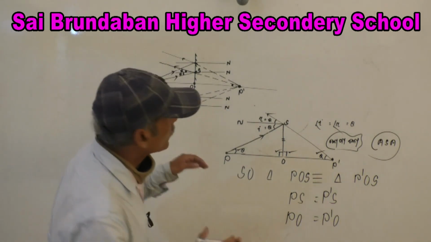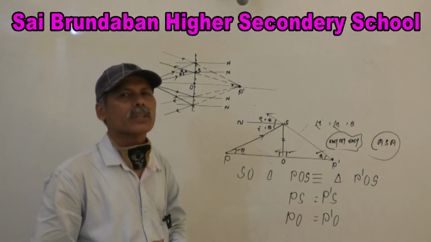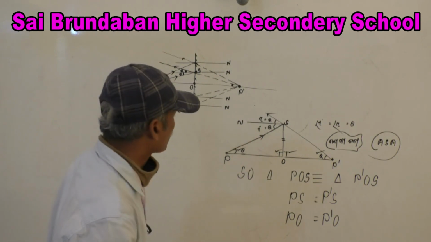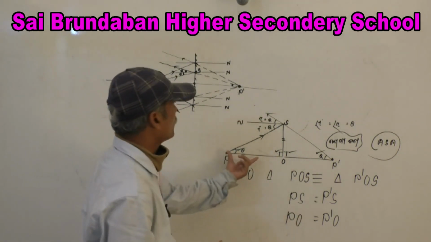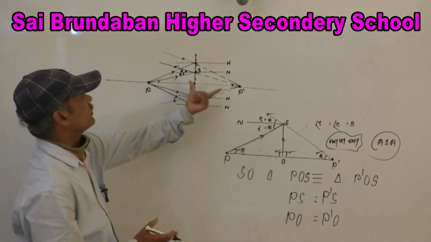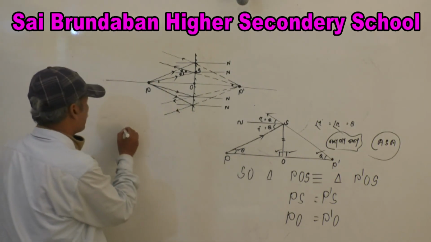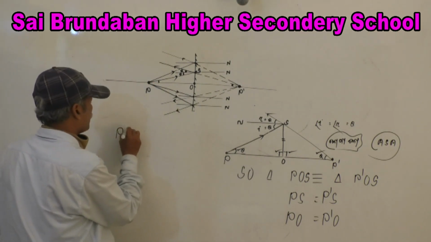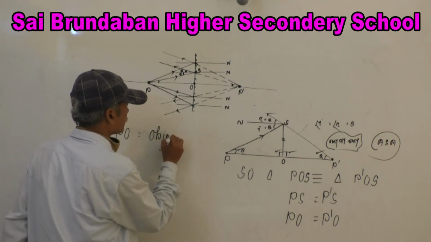Okay. From these two figures, it is clear that PO is equal to P dash O. That means PO is equal to P dash O. PO is what? Object distance. PO is equal to object distance.